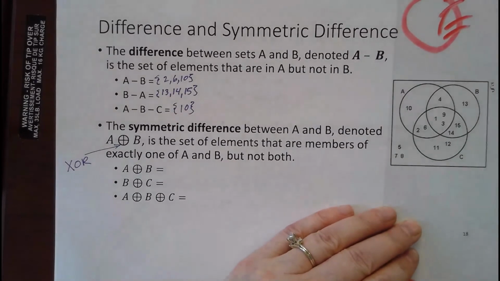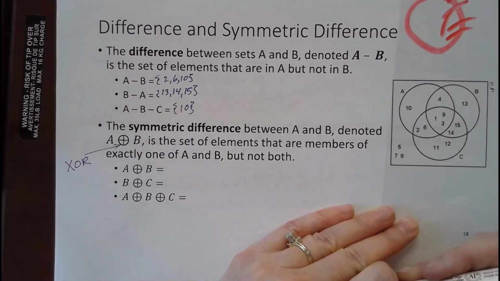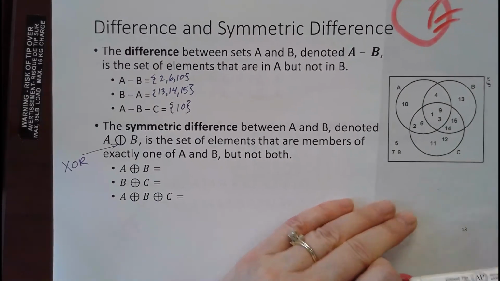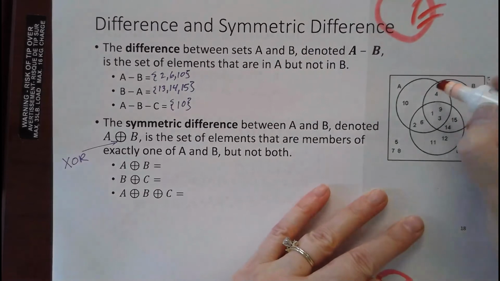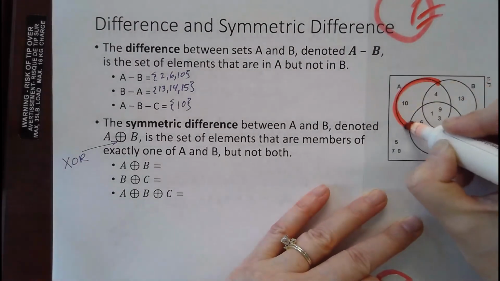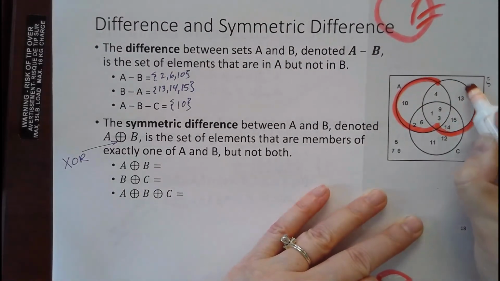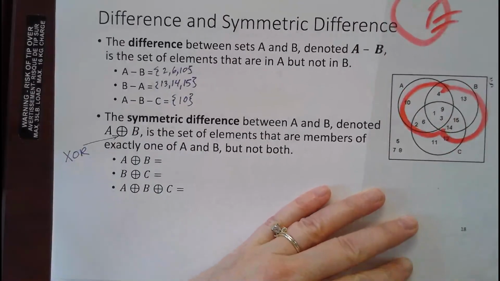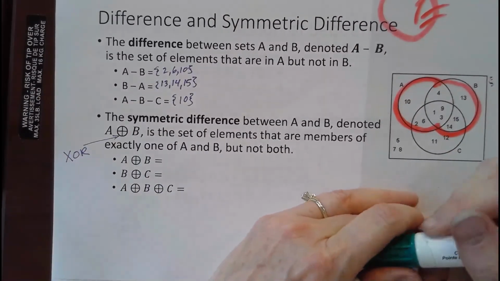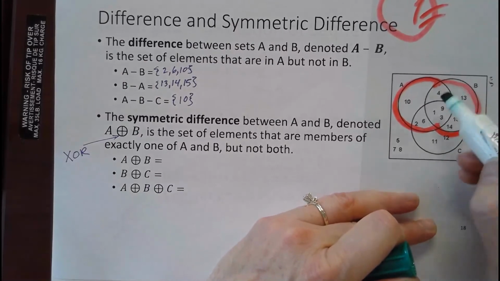So I need things that are either in A or B, but not both. Maybe I need another color. Okay, so here's A or B, right there, but it can't be in both. There is some stuff that's in both. I got to get rid of that stuff. So 4 is in both.